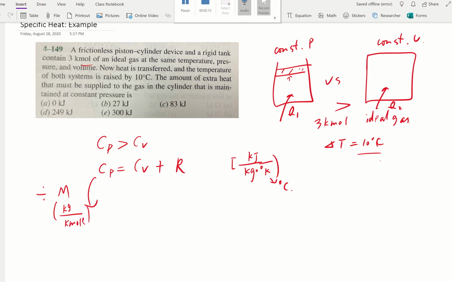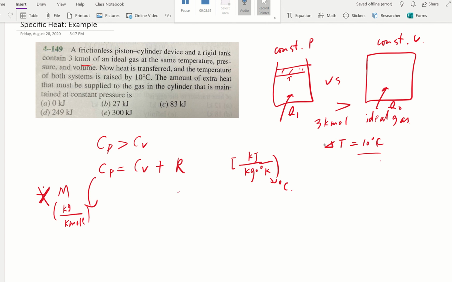Or actually, for this situation we are going to multiply by molar mass, because then kilogram cancels and we get kilomole. And the molar mass is the same for the same substance.